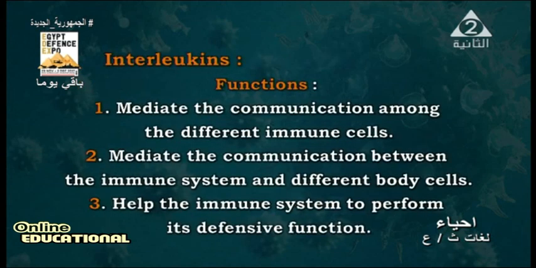What is the interleukinase? Its function is to mediate the communication among the different immune cells, and between the immune system and the different body cells, helping the immune system to perform its defense function.